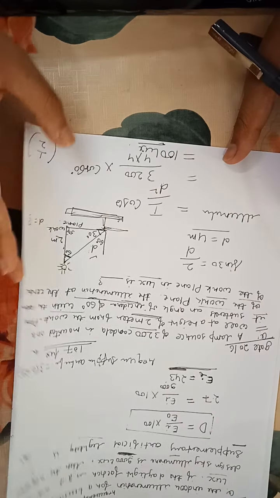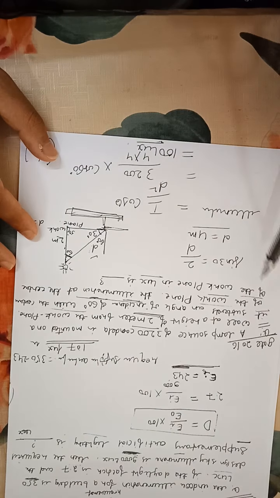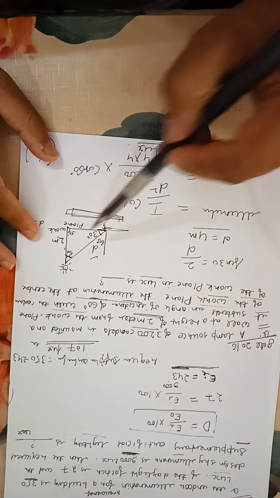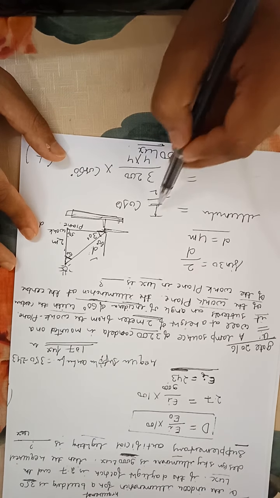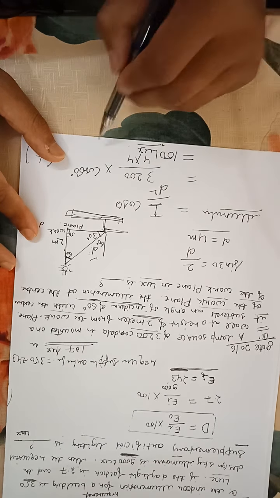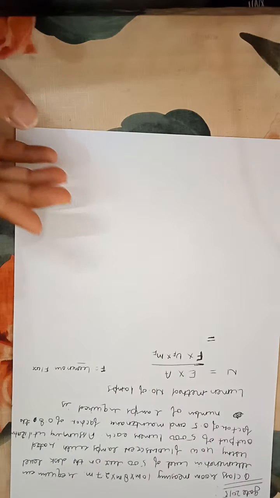So in distance questions we use the inverse square law, and by inverse square law we find the illumination level. So this question has to be remembered this way.